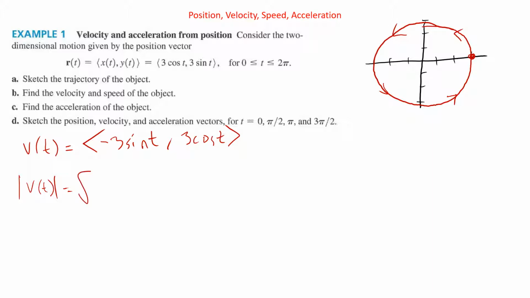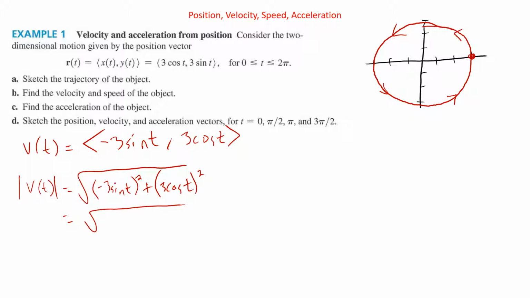It'll be the square root of the first one squared, negative 3 sine t squared, plus 3 cosine t squared, which we can square both of those to get 9 sine squared plus 9 cosine squared.